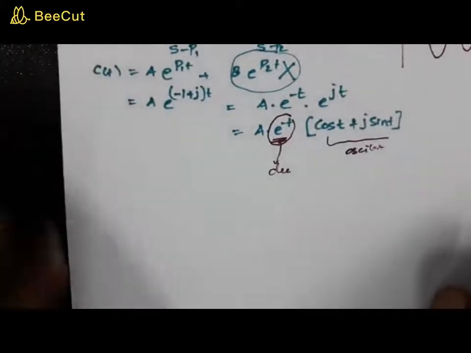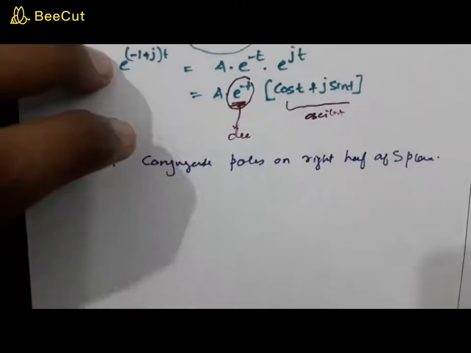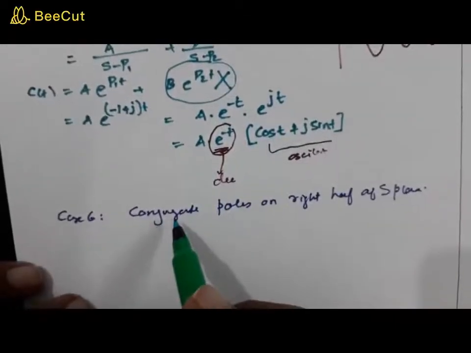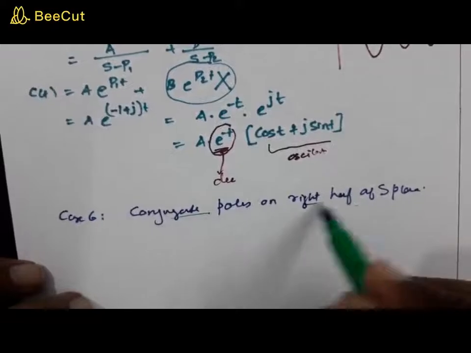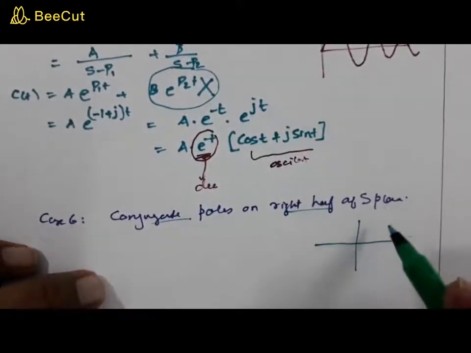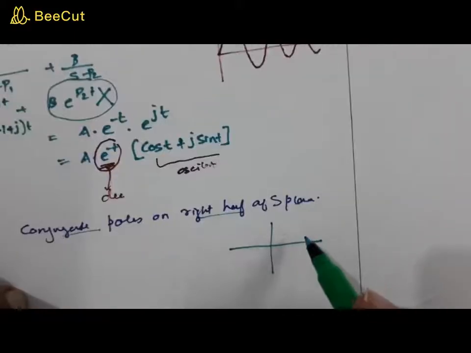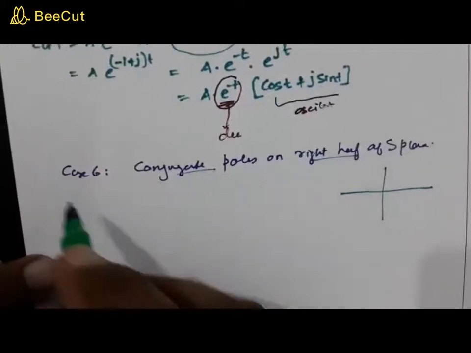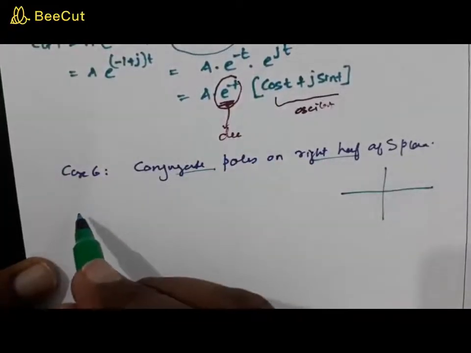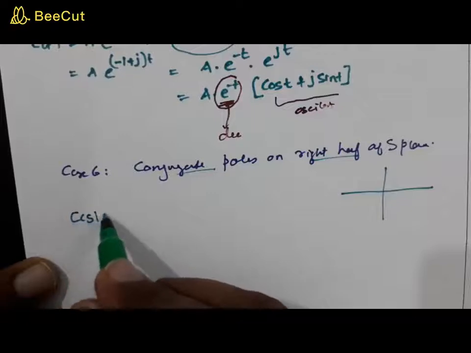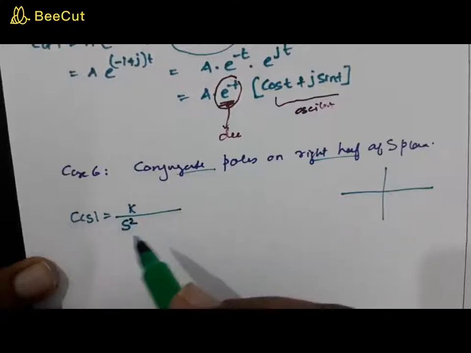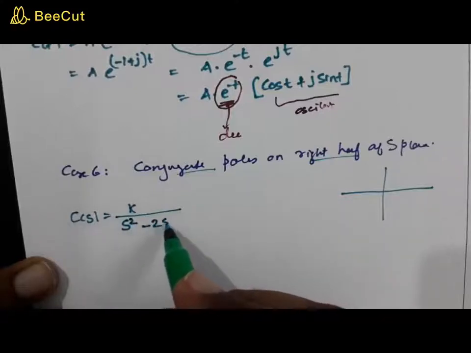Now moving to case 6. Coming to the reverse of what we have just studied, conjugate poles on the right half. So what you're going to expect is a pole on this side, and a pole on this side. For that, say we consider C of S to be k by s square minus 2s plus 2.